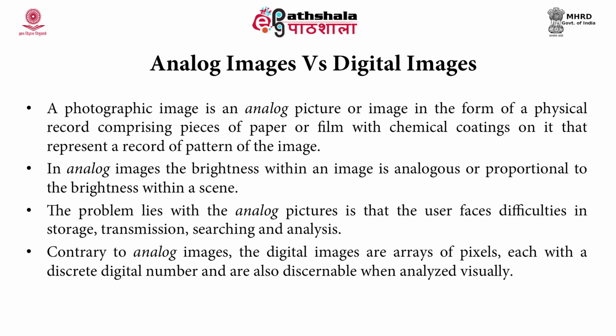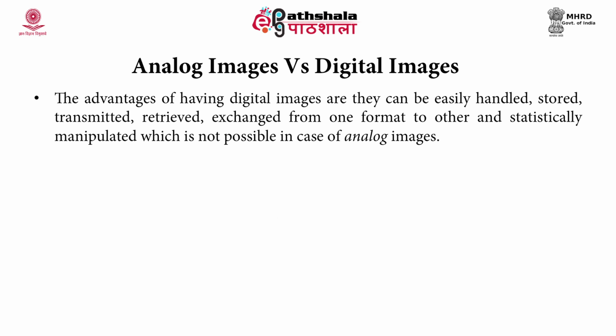Contrary to analog images, digital images are arrays of pixels, each with a discrete digital number, and are also discernible when analyzed visually. The advantages of having digital images are that they can be easily handled, stored, transmitted, retrieved, exchanged from one format to another and statistically manipulated, which is not possible in the case of analog images.